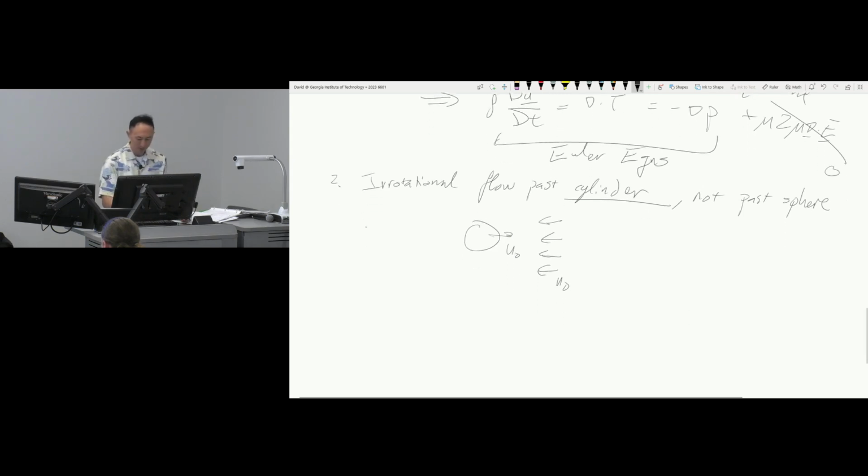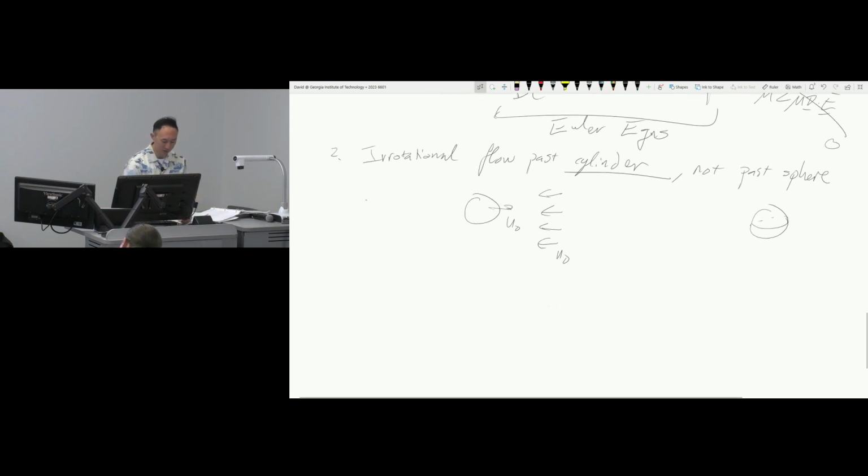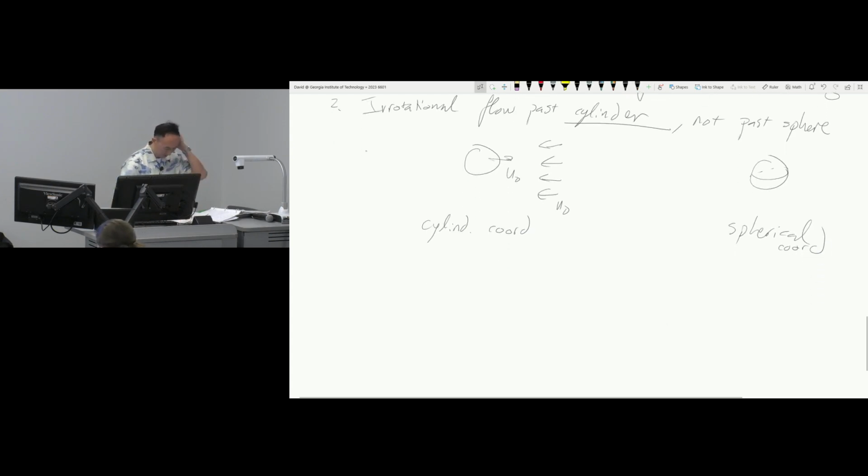The sphere problem that we did before was the same thing, except the big difference is between spherical and cylindrical coordinates. So this is cylindrical coordinates, and this was spherical coordinates that we did in class. A couple big differences.